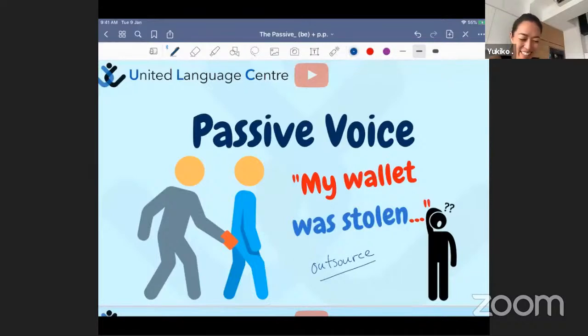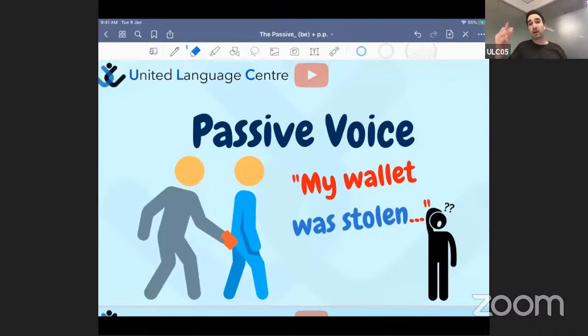Okay, so today we'll just quickly get into it. Today we're talking about the passive. We have done this a few times before, I think, but never really talked about it 100%. So we'll start easy, and then we'll work our way to the end, which is more difficult.